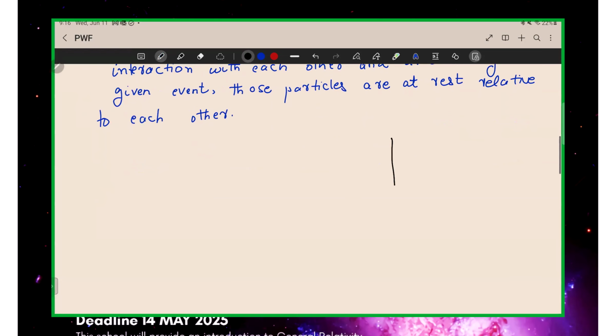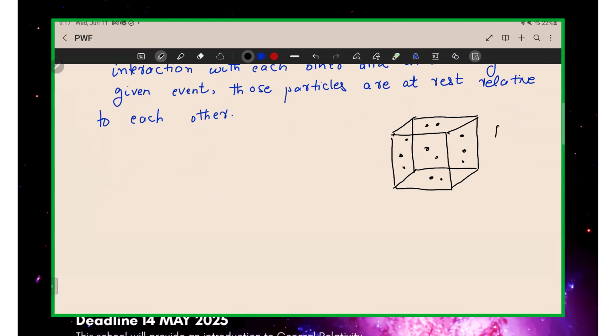So if you look at a reference frame, I'll make a cube for this, right? Suppose that I have n dust particles in it, and each particle has mass m.